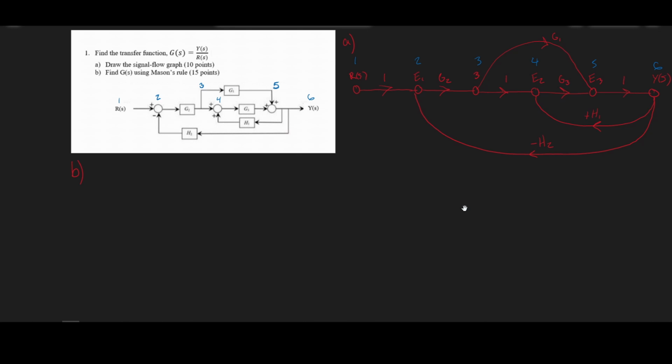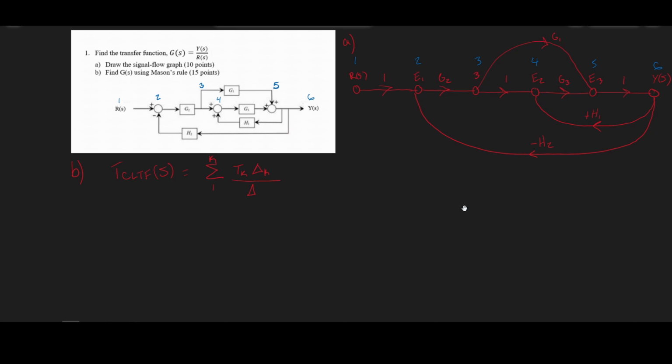For this part, we got to use Mason's rule. So our closed loop transfer function in the S domain is going to be equal to a summation between 1 and the number of paths of the gains of the forward paths, which is TK, and delta K, over delta.